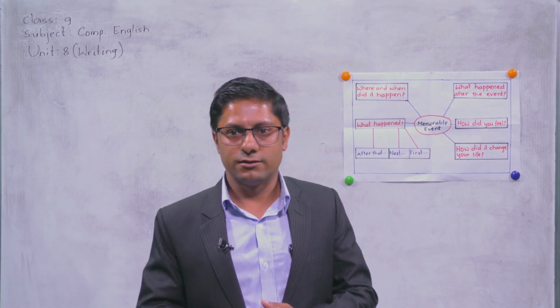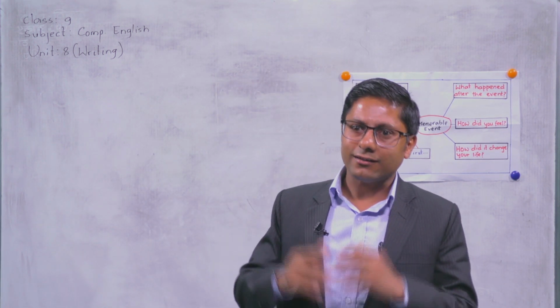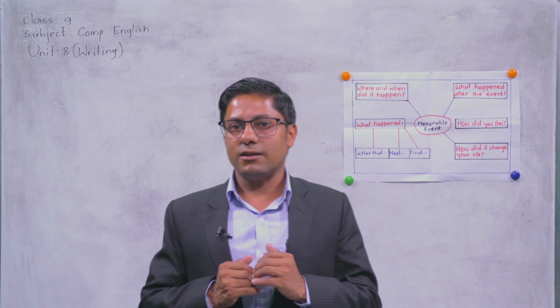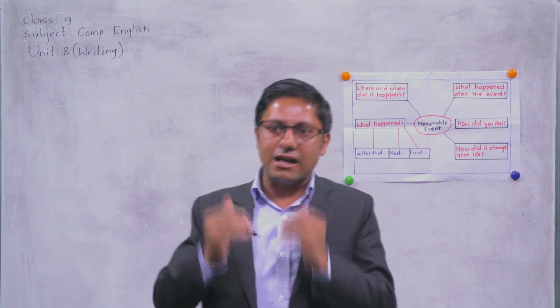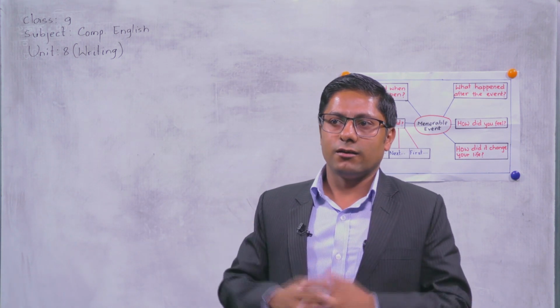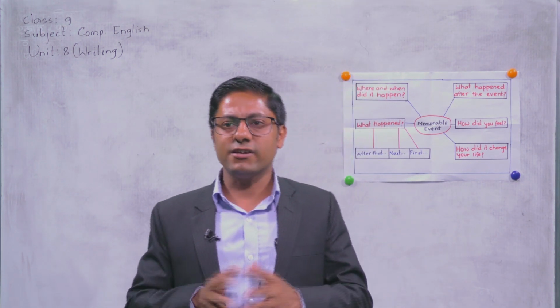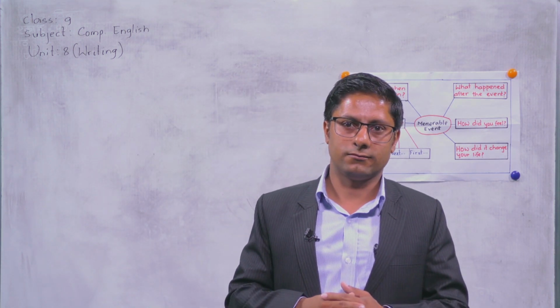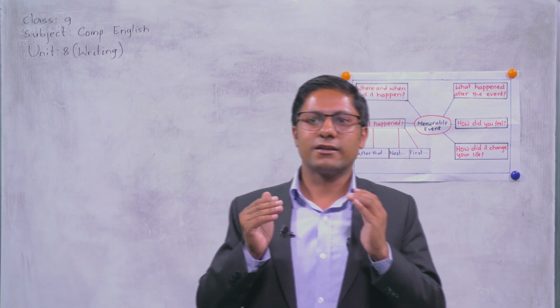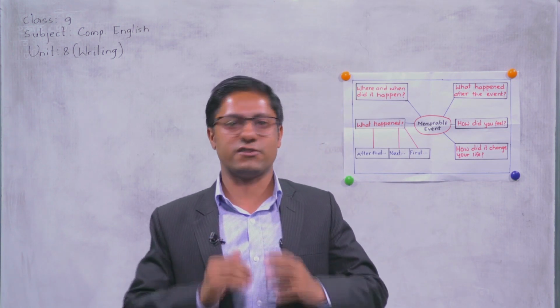Okay. Dear students, while keeping those events into a paragraph, or while developing a paragraph using those points that you have already recalled, you have to think of their order. You have to keep them in chronological order.